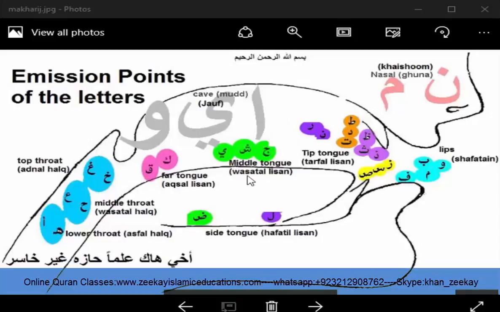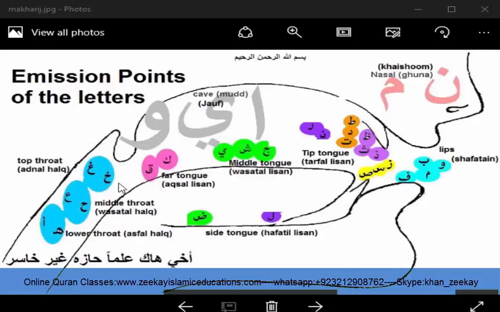The conclusion of today's lesson is that the first origin was Jawful Fam, the cave, the emptiness of the mouth, and we read alif, ya, and waw madda from that part.